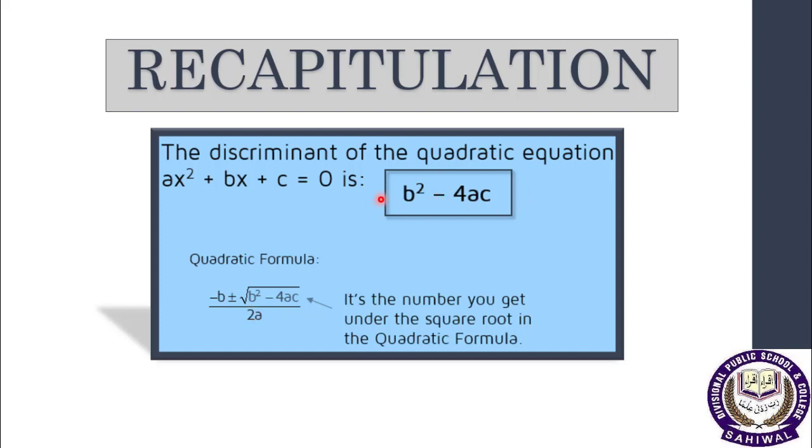This expression is obtained from the quadratic formula, where we can observe that it is the number under the square root or the radical sign. This discriminant helps us in understanding the nature or the characteristics of the roots of the quadratic equation ax square plus bx plus c equal to 0. We can determine the nature of the roots without actually solving them.